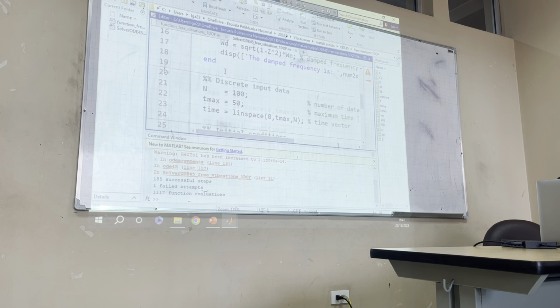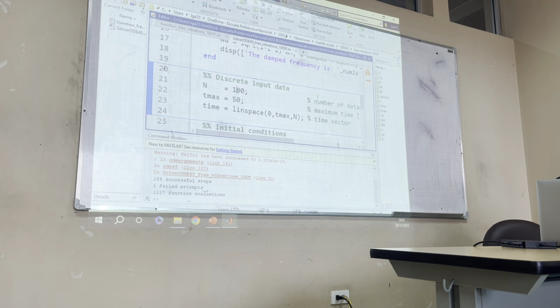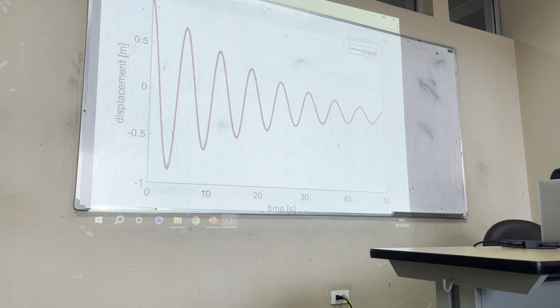You go here and change the number of data. Let's put 1,000 data points there. And let's see what we get. This is the previous one.